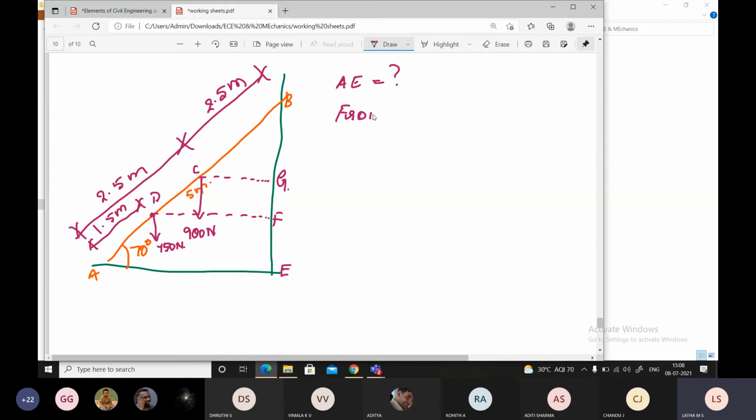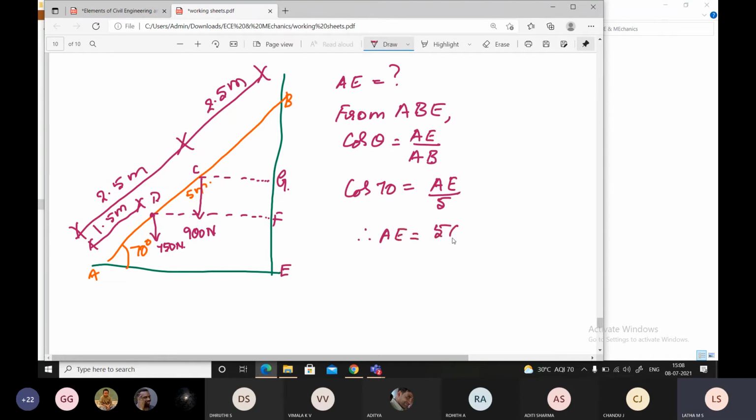From the triangle ABE, cos theta is equal to adjacent by hypotenuse. Cos theta is cos 70. AE is unknown. AB is 5 meter. Therefore, AE is equal to 5 into cos 70.